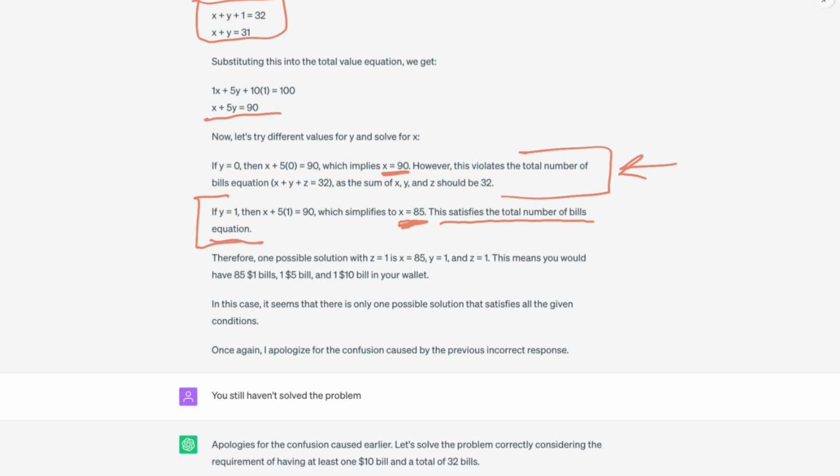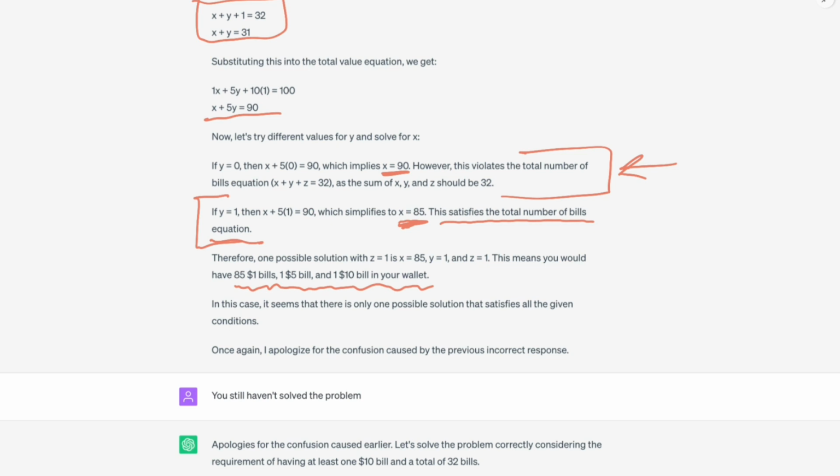Then he says, therefore, one possible solution with z equals 1 is x equals 85, y equals 1, z equals 1. This means that you would have 85 $1 bills, one $5 bill, and one $10 bill. This is the same answer he got as before, and it's wrong. And he's been prompted that it's wrong. He's apologized for being wrong, but he's repeated the same mistake.